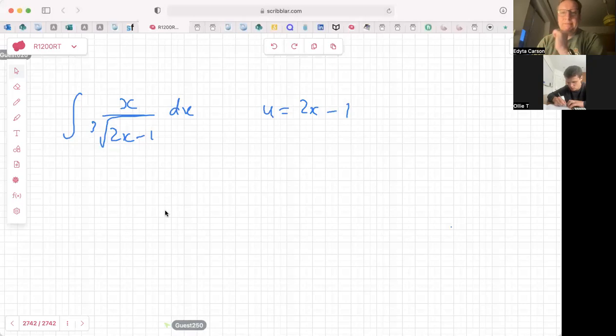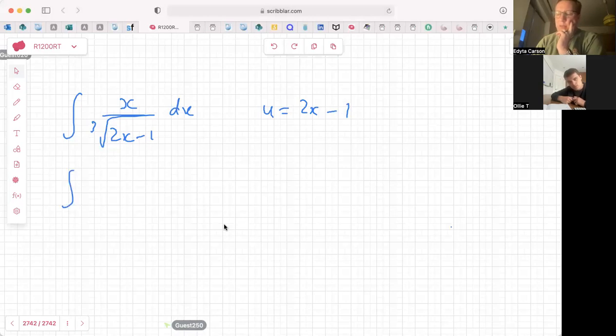So let's go to my whiteboard. There we go. So the first thing is we want to change this thing in the brackets to not in the brackets.